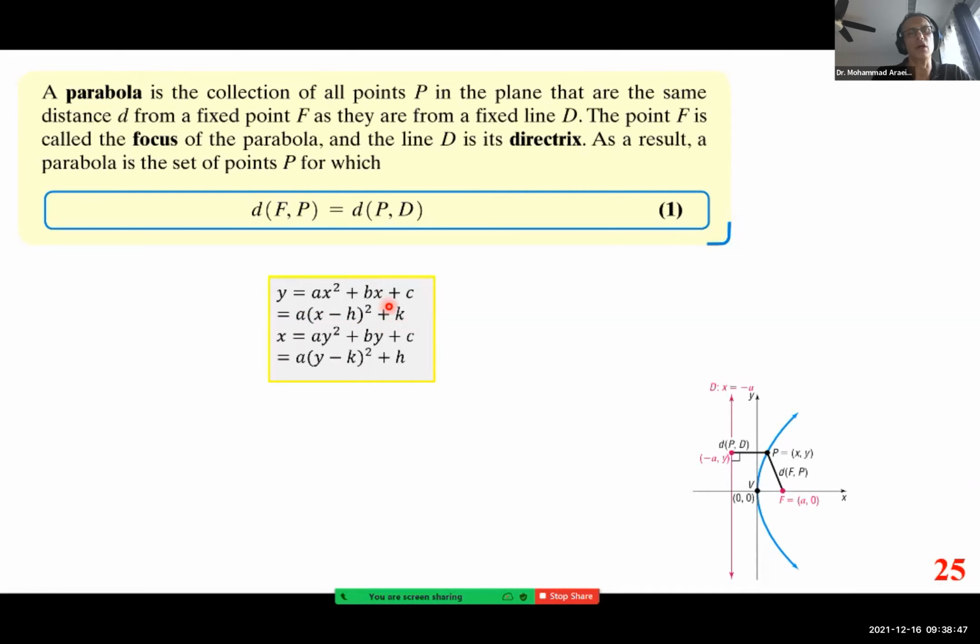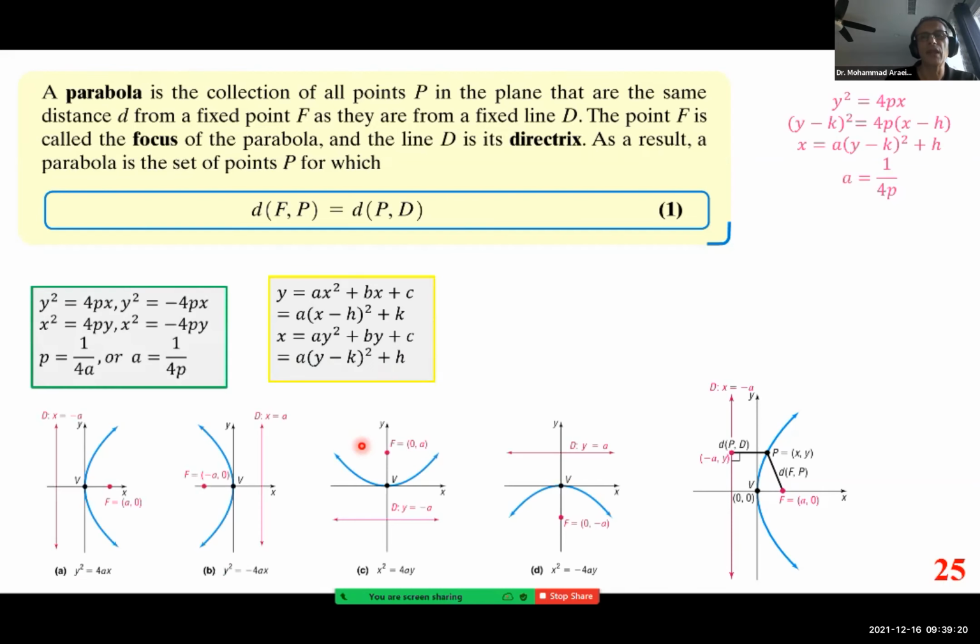This opens up or down, depending on the value of a. X equals ay squared plus by plus c, or a times y minus k squared plus h. This opens right or left depending on the value of a. If a is positive, up, and negative, down. If a is positive here, to the right. If negative, to the left. I believe most everybody remembers that. You can stick with that.